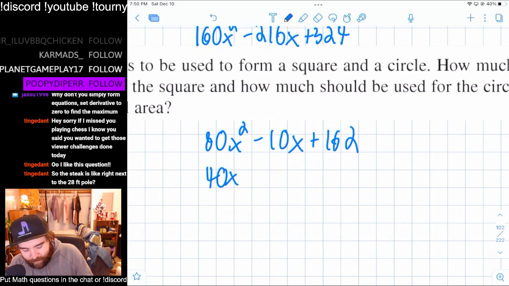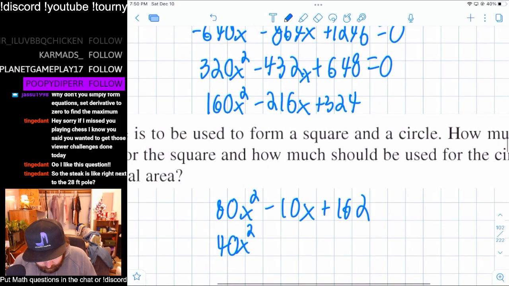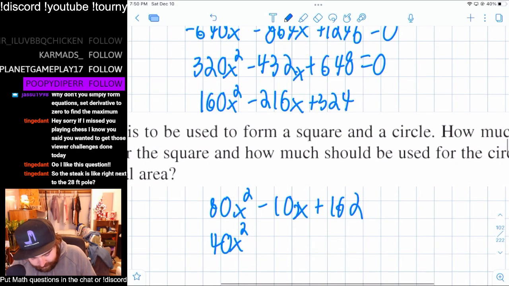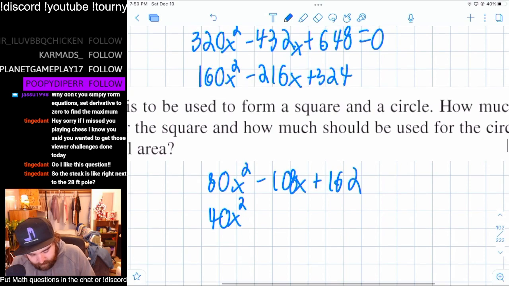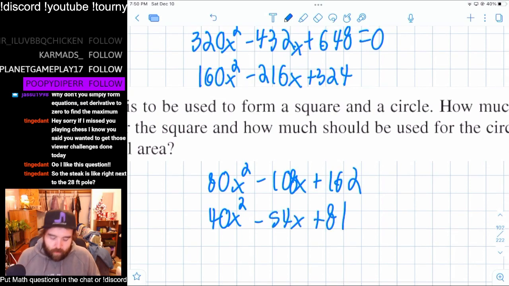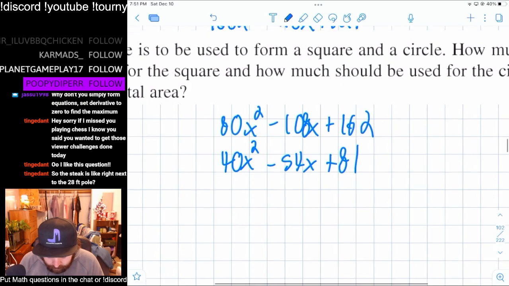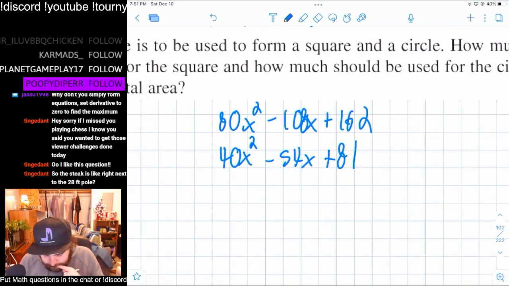So I could have divided by much bigger numbers, but whoa. 108, 54x, 81. That's the end. And they want me to solve that equation? They want me to solve that equation for x? That's a little ridiculous.